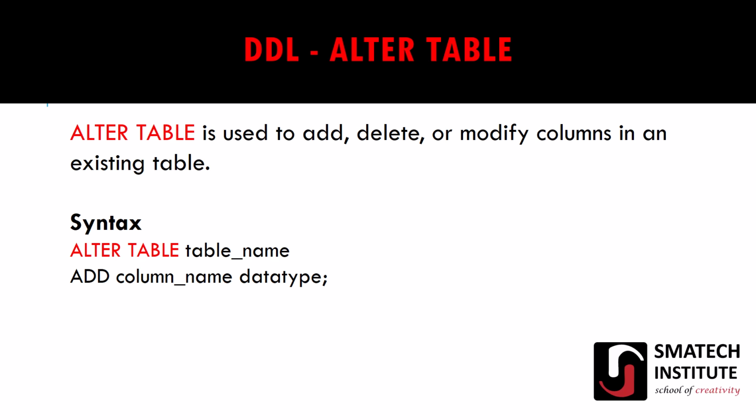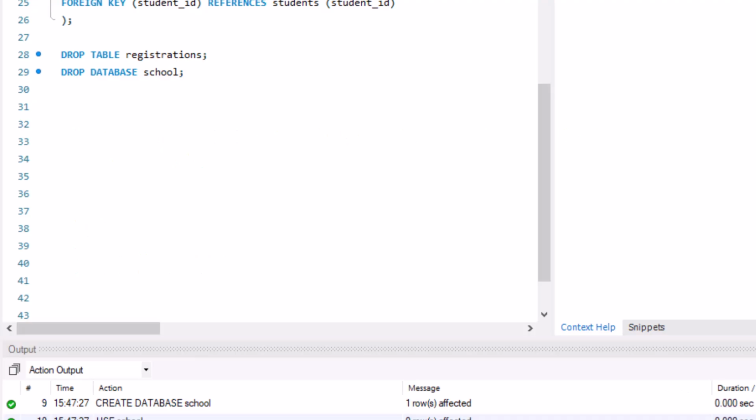So let's look at alter table statements on MySQL Workbench. We'll start by adding a column on table students using the alter table statement. So let's come here and type alter table, then the table name that we want to alter, that is students.